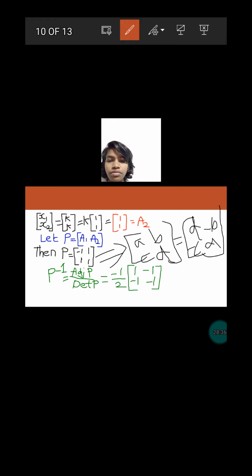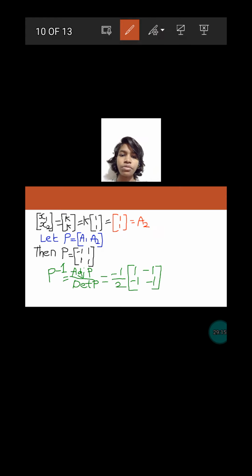Here A equals -1 and D equals 1, so interchange them: D becomes -1 and A becomes 1, and interchange the signs of B and C. Here the adjoint P is 1, -1, -1, -1. Then P inverse equals -1 by 2 times 1, -1, -1, -1.